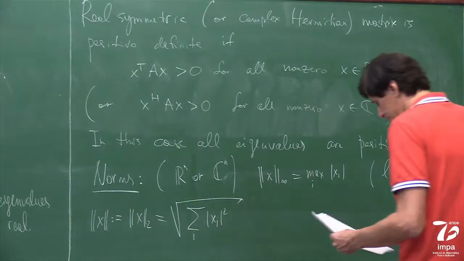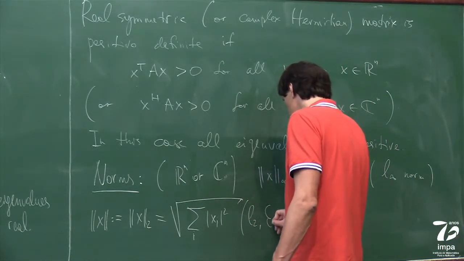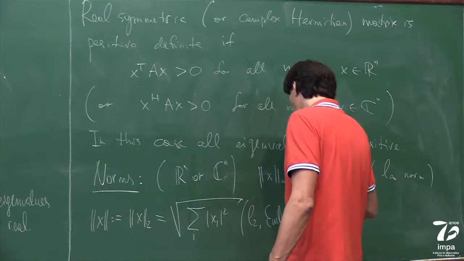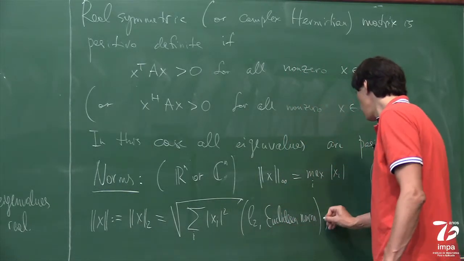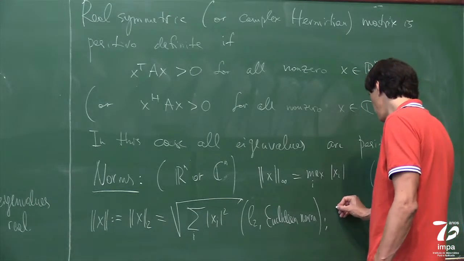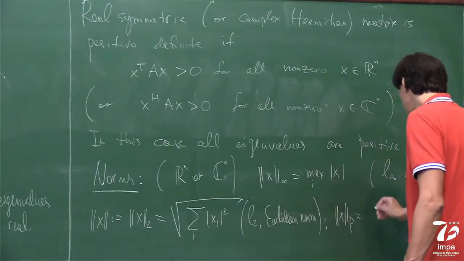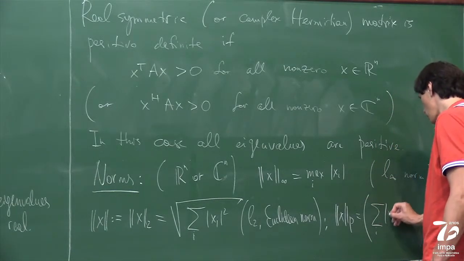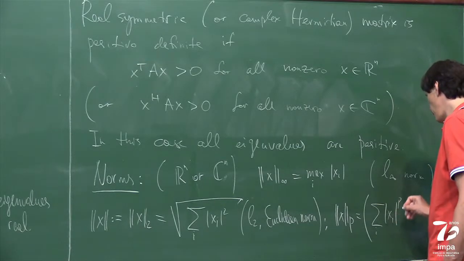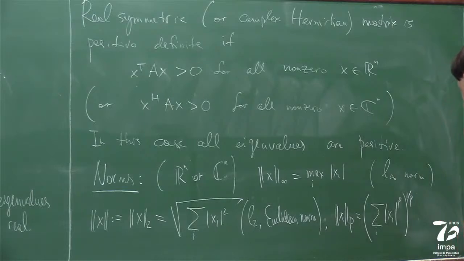So it's the Euclidean norm. And then you can generalize it to the LP norm. You take a sum of p powers of components and then the root of order p. So this is the LP norm.